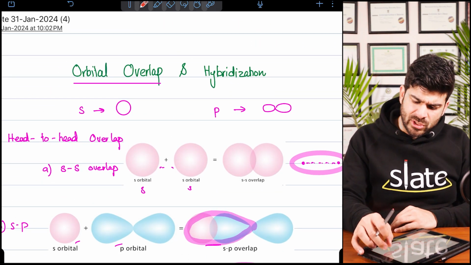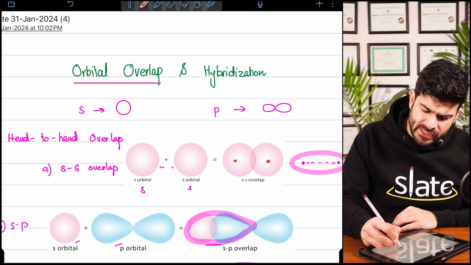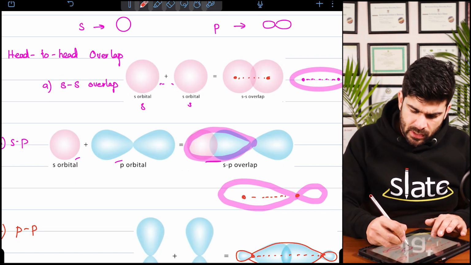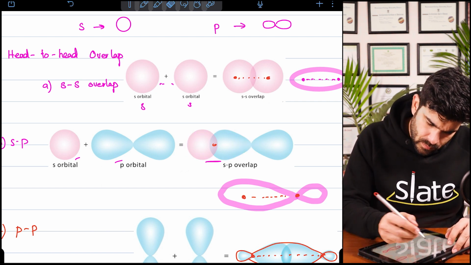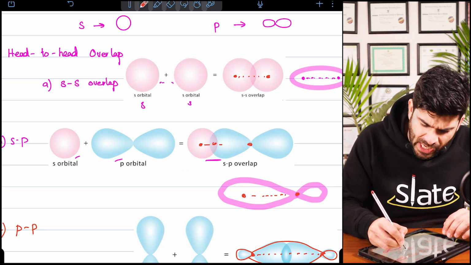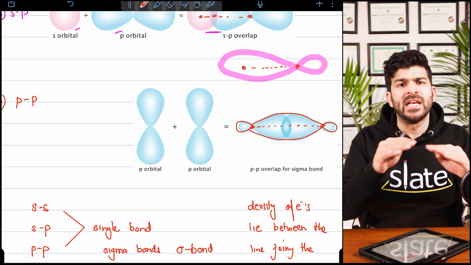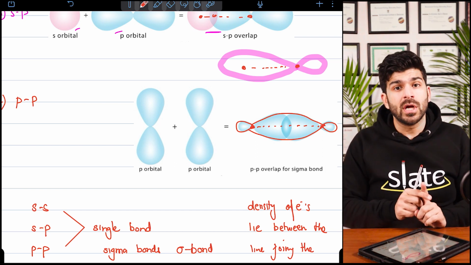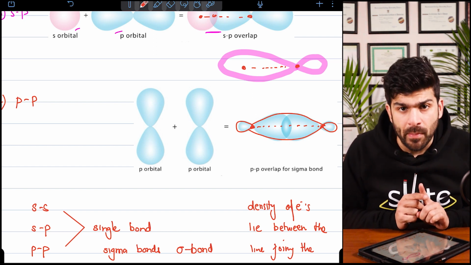In this case, as you see, these are the two nuclei and the density of electrons lies in between. These are the two nuclei and the density lies in between. These are the two nuclei and the density lies in between. That is for head-to-head overlap, single bonds, sigma bonds.